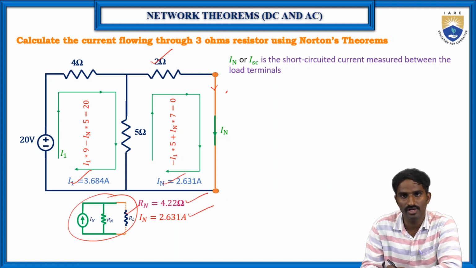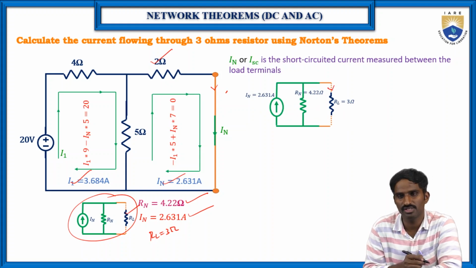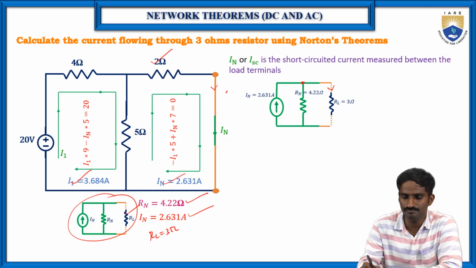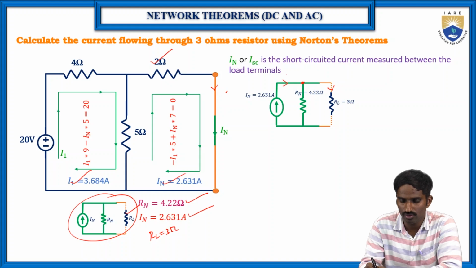so now we have Rn and IN for this particular circuit, and we know the RL value, which is RL equal to the 3 ohms resistor. Now find the current flowing through this resistor, this RL. How to find it? A simple way, because here, of course, this is Rn. So now you know the total current I. Let us consider this is I1 and I2, then apply the current division rule.